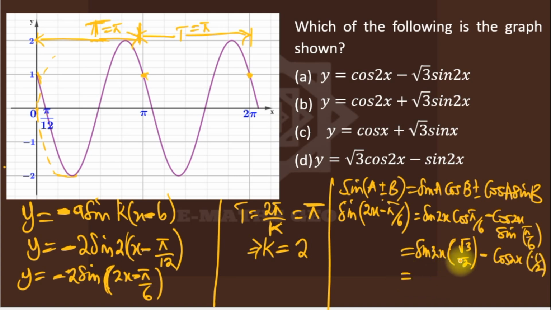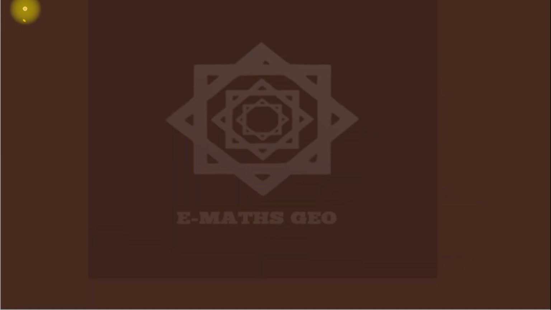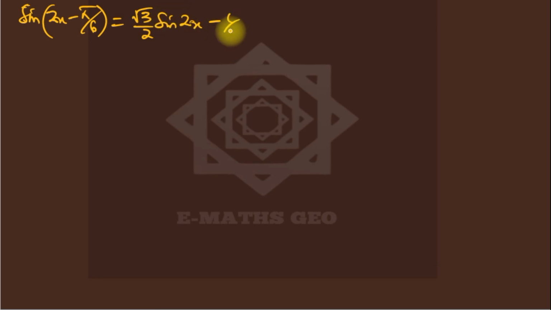So you see that this is equal to root 3 over 2 sine 2x minus half cos 2x. So plugging it back, we have that sine 2x minus pi over 6 is equal to root 3 over 2 sine 2x minus half cos 2x.